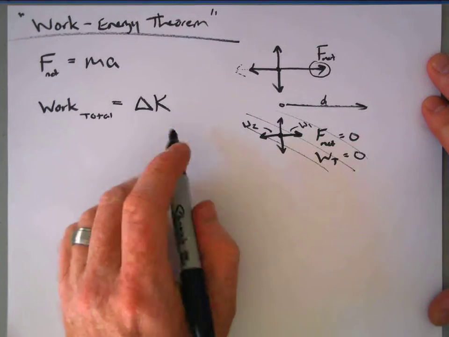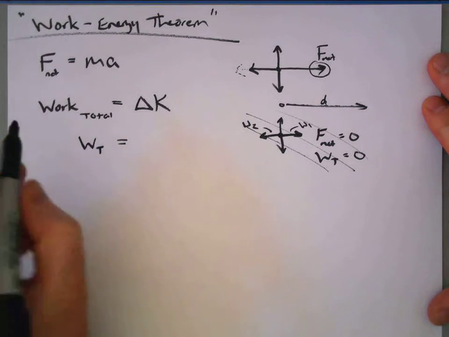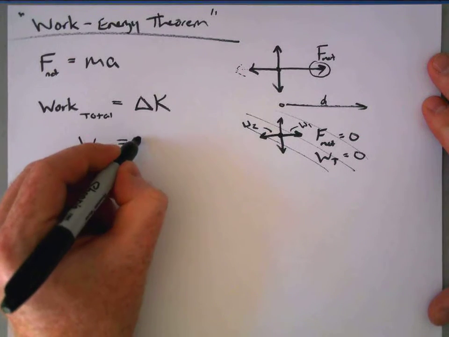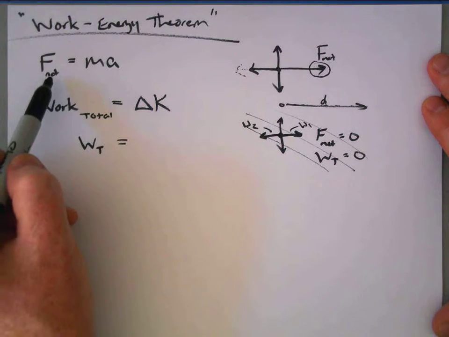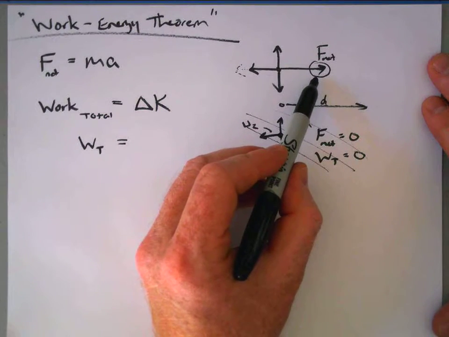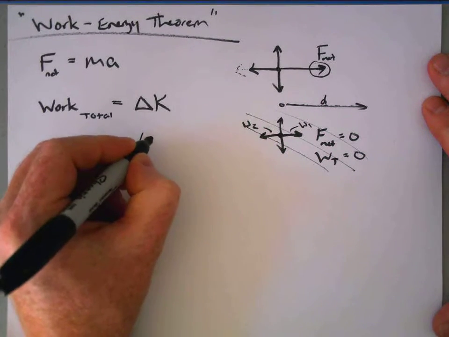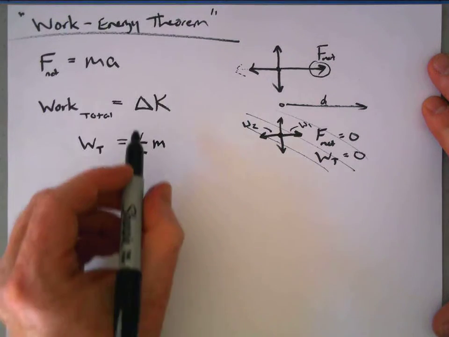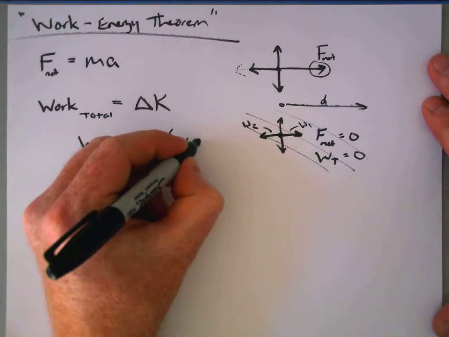Well, kinetic energy is the energy of motion. So work total is going to be equal to a change in the kinetic energy. That means there is a net force applied across a distance. But what we get when we talk about the energy, the kinetic energy, is 1/2 times mass. And since velocity is changing, we've got to have final minus initial velocity.